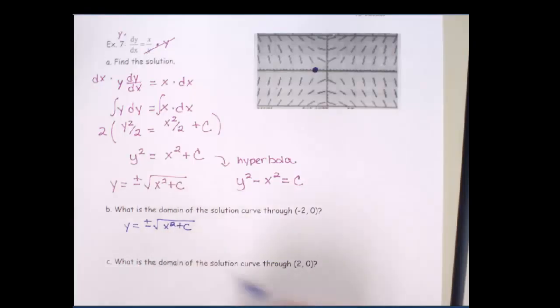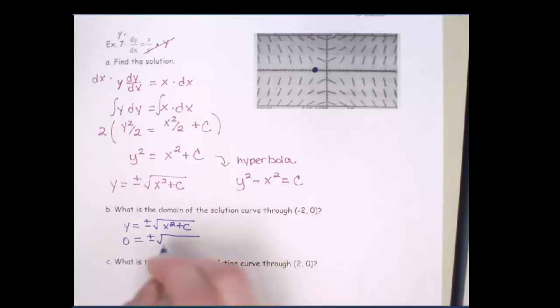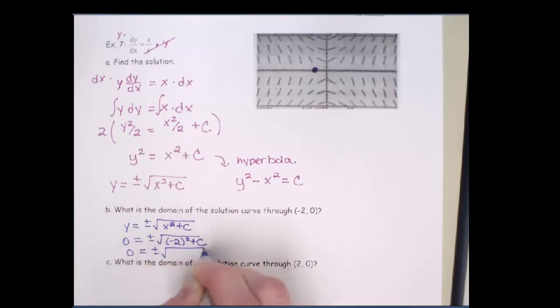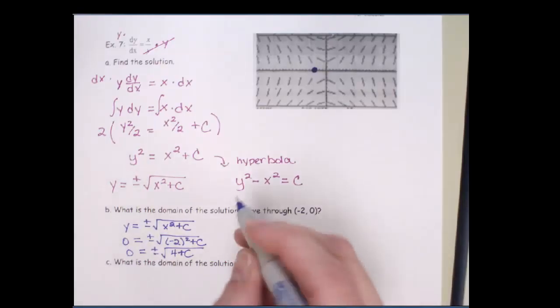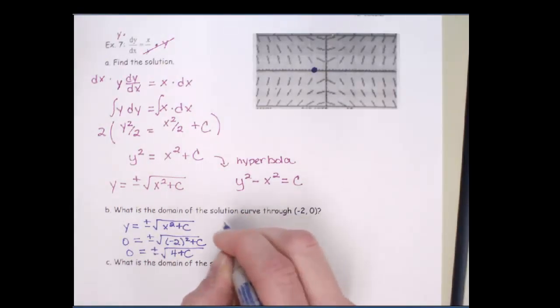If I'm going to solve for c using that point, I get 0 equals plus or minus square root of negative 2 squared plus c. So 0 equals plus or minus square root 4 plus c. So I would square both sides to get c by itself.